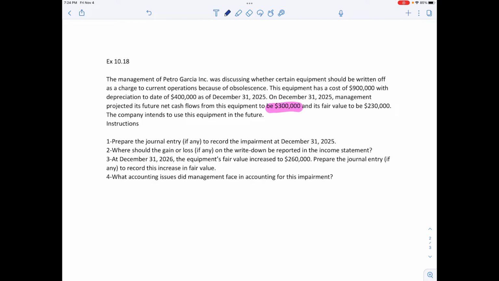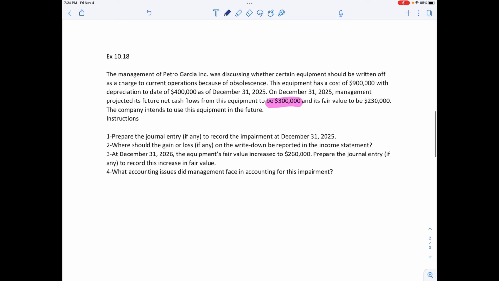So let's show you what that looks like. We want to record the loss on impairment, and to do that, again, we have to find that book value. In this problem, my book value is $900,000, and I'm going to subtract my accumulated depreciation of $400,000, which gives me that book value of $500,000.